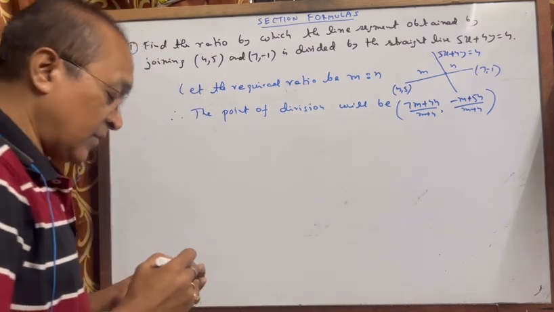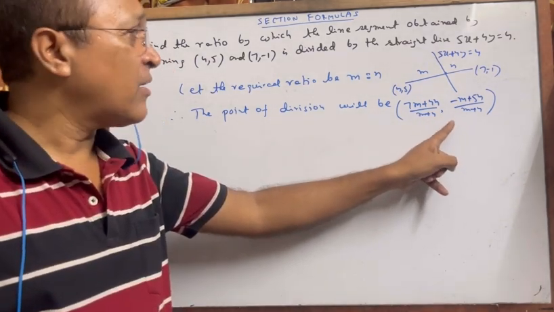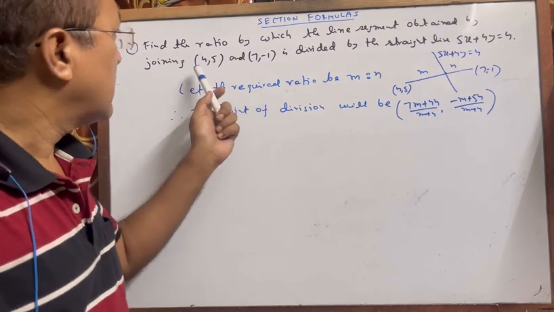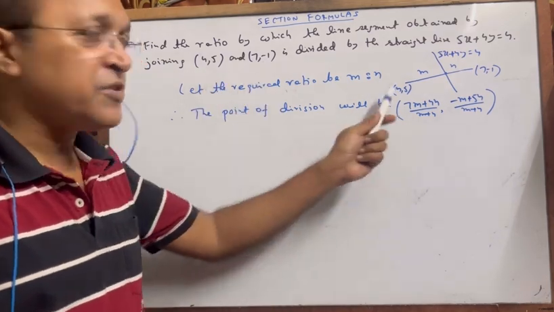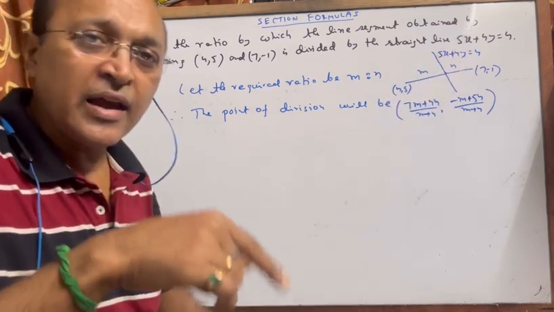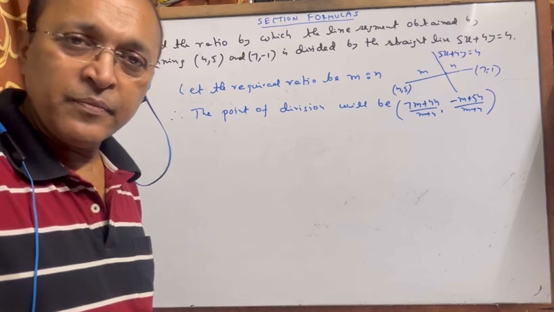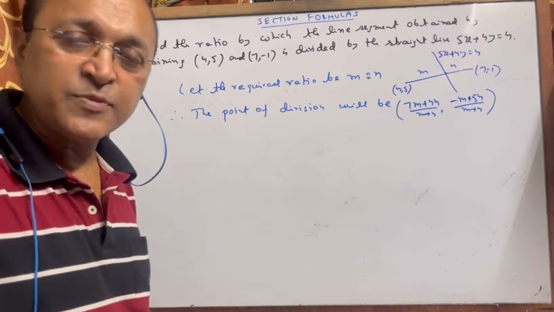Okay, it means this particular point where that unknown straight line is divided, through that point the given straight line is passing, it means intersecting. So this point must satisfy it.